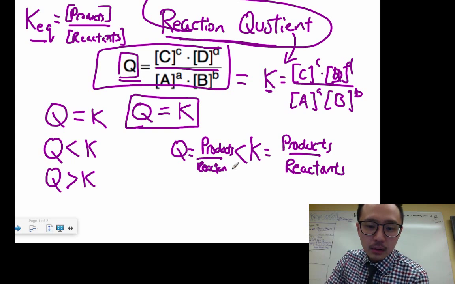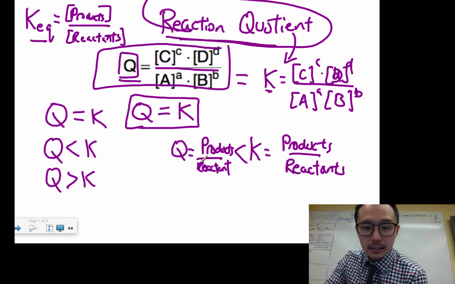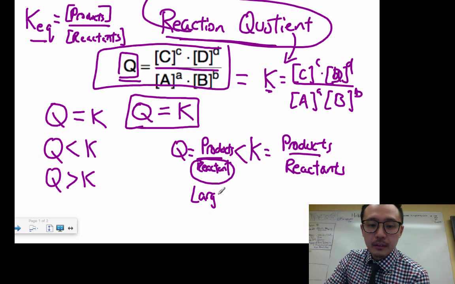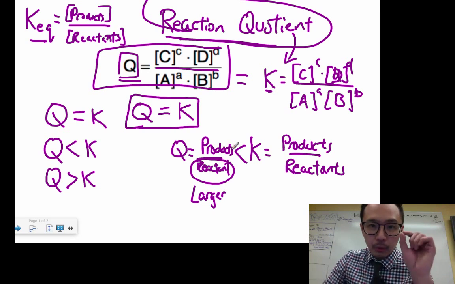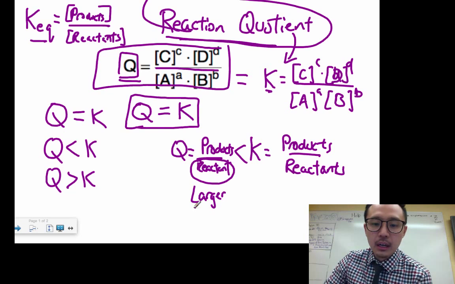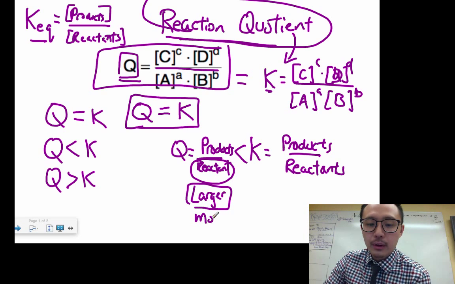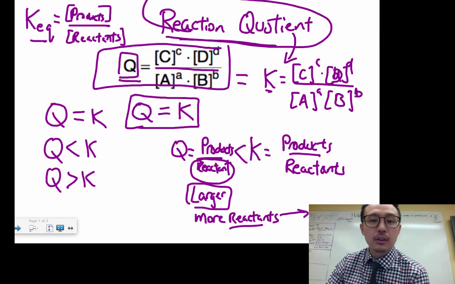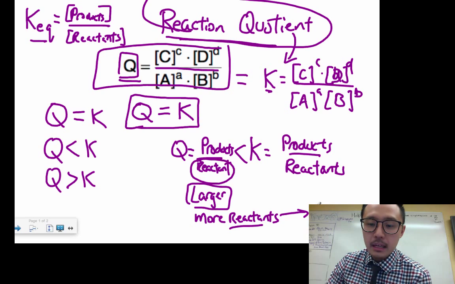Well, if it is smaller than K, that means your reactants are going to be larger. That means at that particular point in time of your reaction, you have more reactants. So since you have more reactants, it's going to continue going to make more products. This is sort of conceptual.